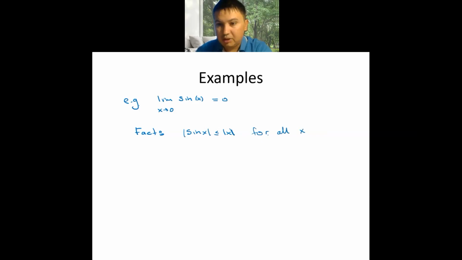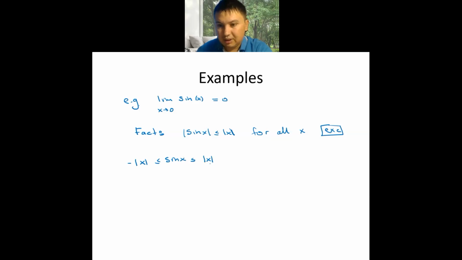So why is it useful? Well, this is an exercise, I'm giving it to you. This implies, like we did before, that sine of x is between the modulus of x and minus the modulus of x.